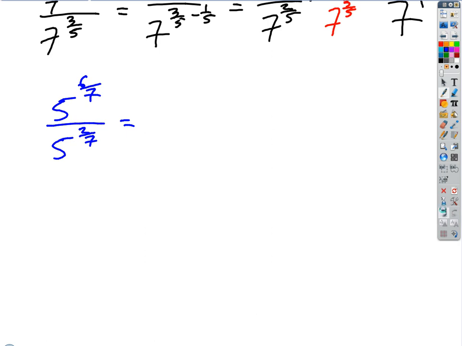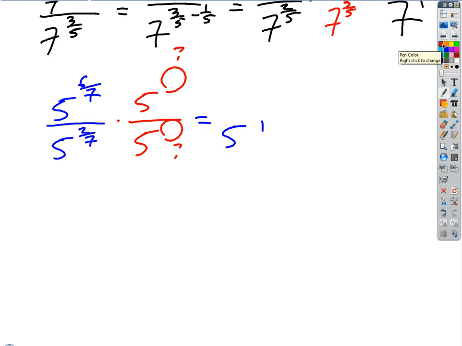Couldn't I just multiply both the top and the bottom by 5 to some power to get 5 to the 1? Does that make sense? 2 sevenths plus what is going to be 1? Well, 7 sevenths, so 5 sevenths, right? So I'm just going to multiply both the top and the bottom by 5 to the 5 sevenths.